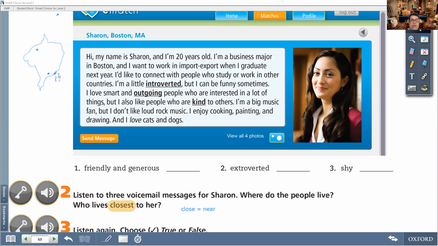So who lives closest to you? The guy in São Paulo or the person in São Paulo, in Manaus or in Miami? Which one is closest? São Paulo. Ah, okay. Very good. São Paulo is closer to Rio than Manaus or even Miami. Okay. São Paulo is closest.